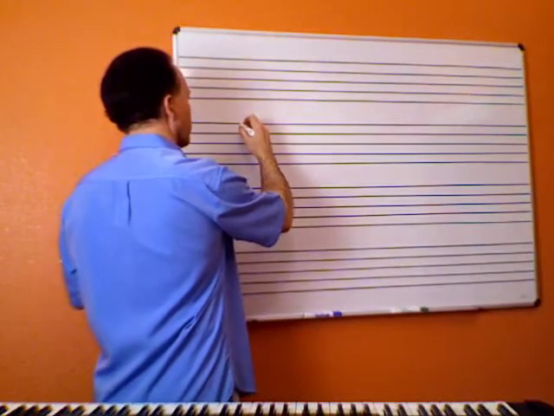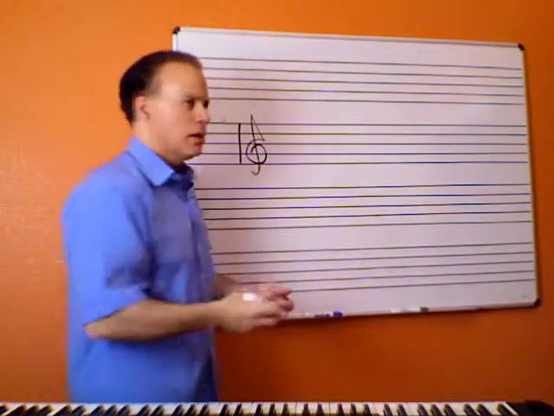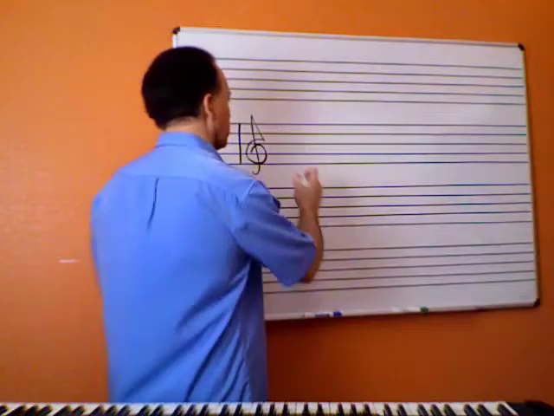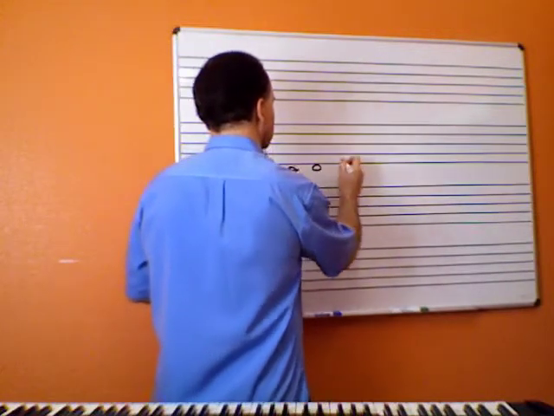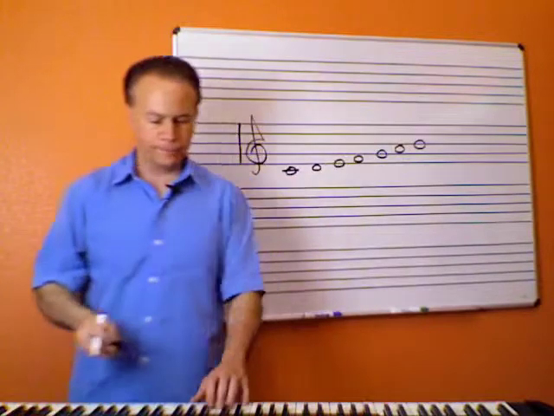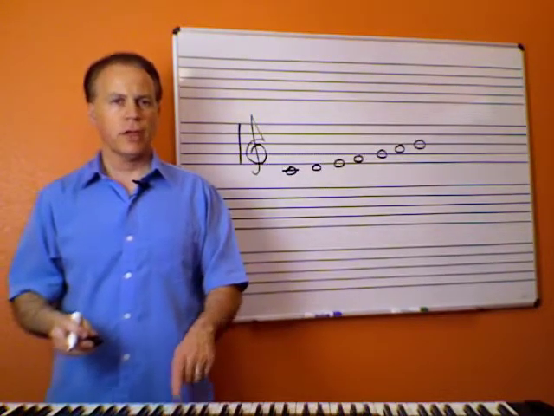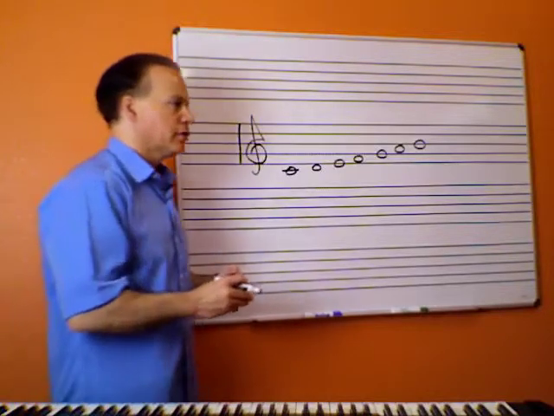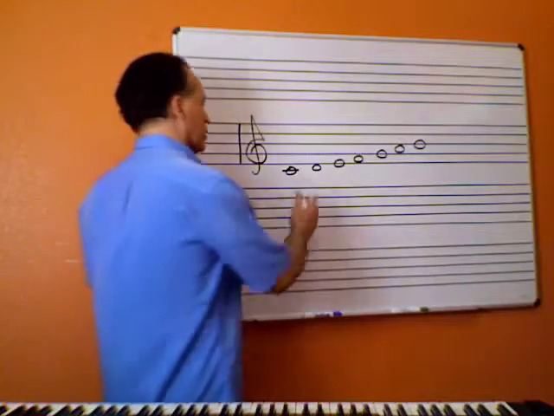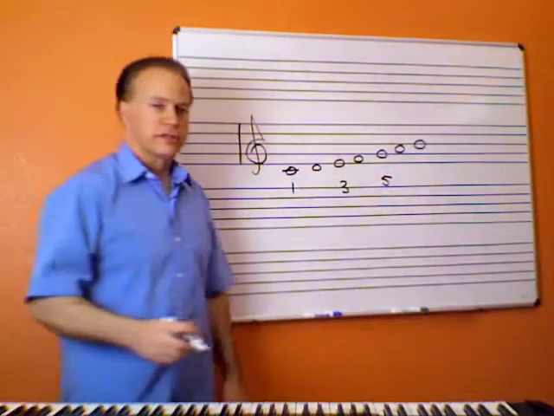The first main type of triad that we're going to learn how to build is called a major triad. If you know the C major scale, it's easy to find your major triad. Here's a C major scale. Easiest way to build a major triad is knowing that the major triad, C major triad, is the 1, 3, and 5 of the C major scale.